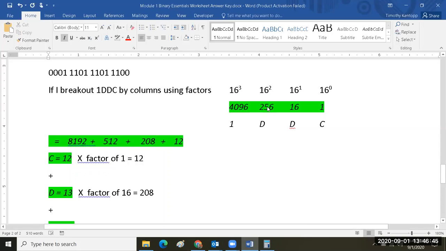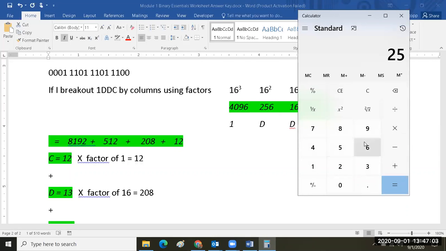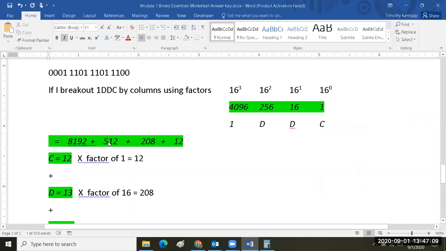Now let's look at this one. I have 256. What's D equal to? We just did it. 13. What's 256 times 13? Well, I don't know, but let's do it. 256 times 13 is 3,328. What's 1 times 4096?